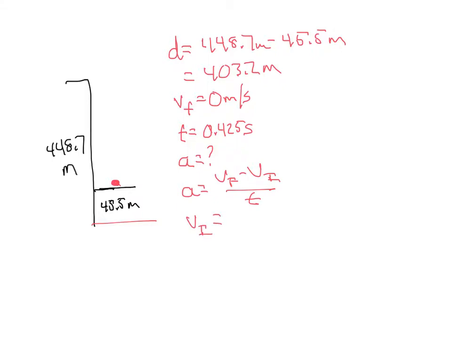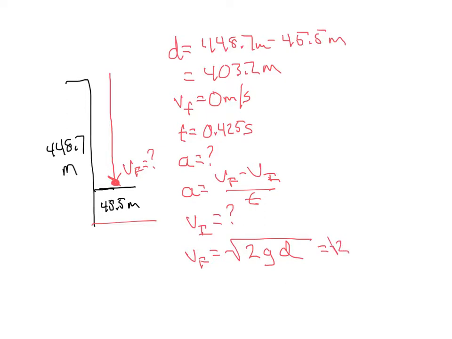How are we going to find VI? Well, VI for the contact point of the pigeon is the exact same as VF for the drop. So when it hits the pigeon, that impact speed, that VF, is what we are looking for. That's also going to be our VI. So when we know a distance for something dropped, we can find VF by taking the square root of 2 times g times d.